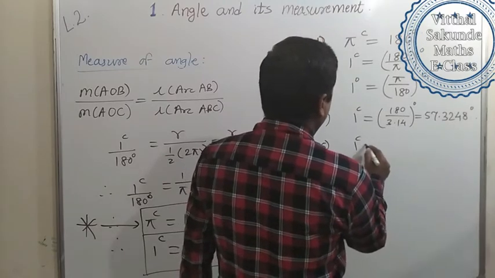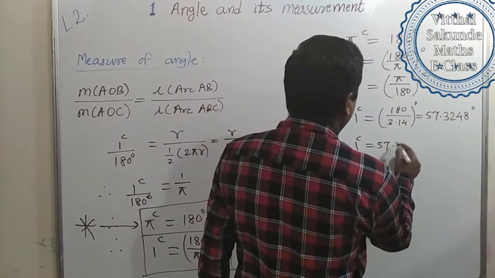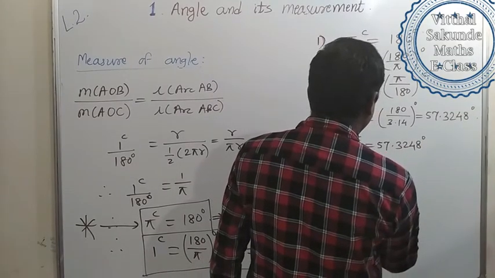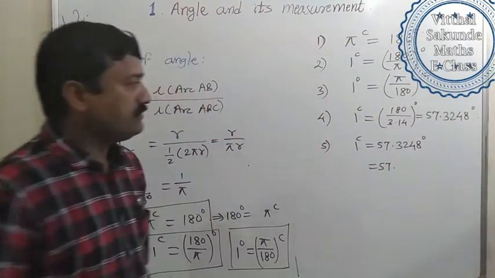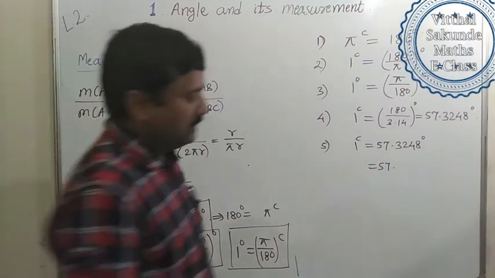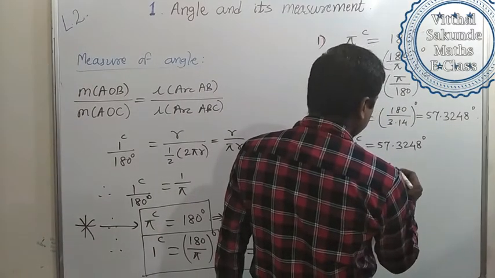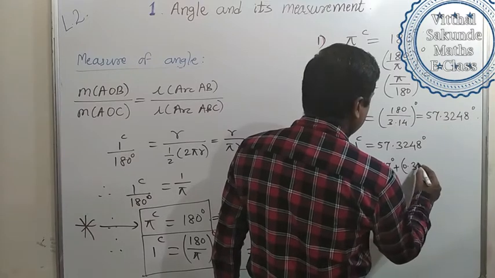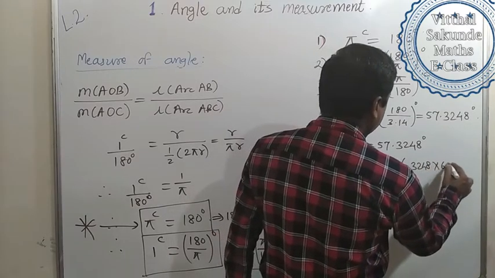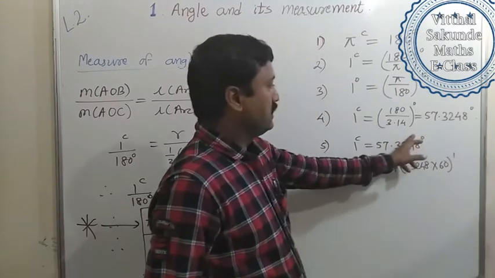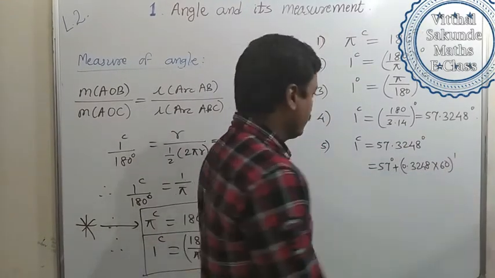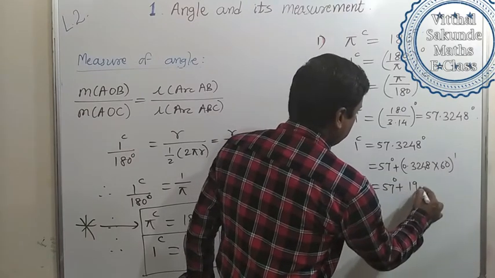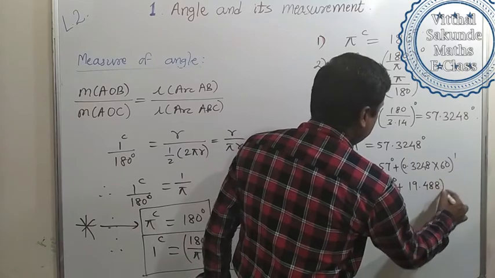Again we can convert the same. 1 radian is equal to 57.3248 degrees, which is 57 degrees plus 0.3248 into 60 minutes. This degree can be converted into minutes by multiplying by 60. So it is equal to 57 degree plus 19.488 minutes.